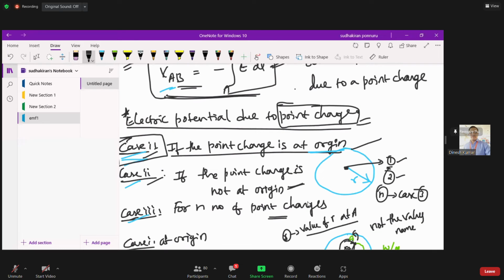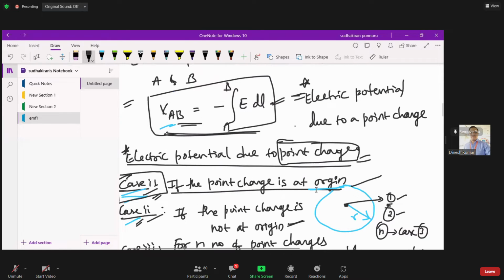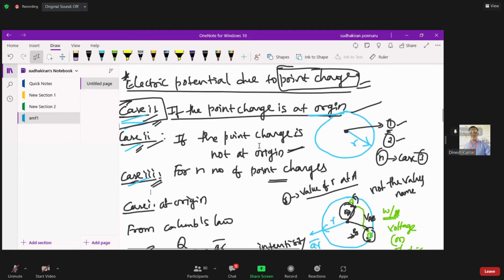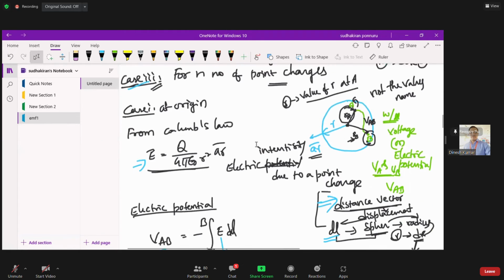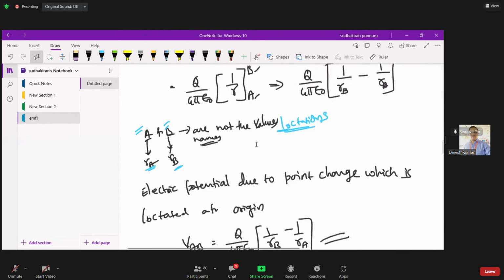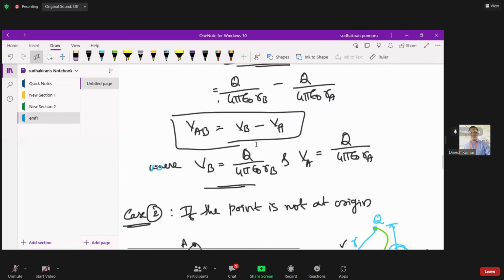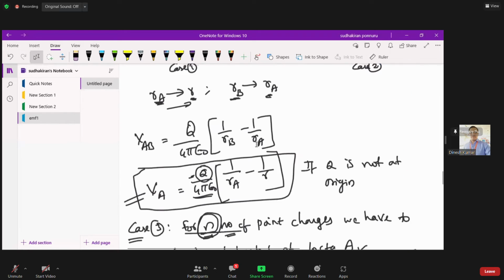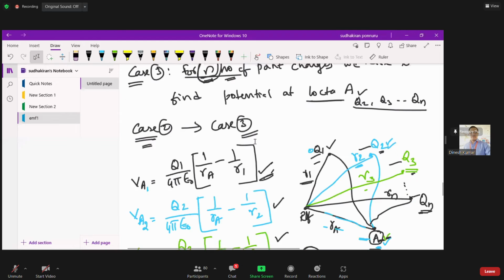Yesterday's class we covered case 1, and today we have explained case 2 as well as case 3. If they are asking for an essay type question, you have to write all three cases, case 1, case 2 and case 3, separately. So this is electric potential due to a point charge.